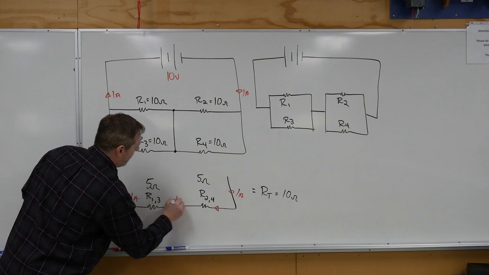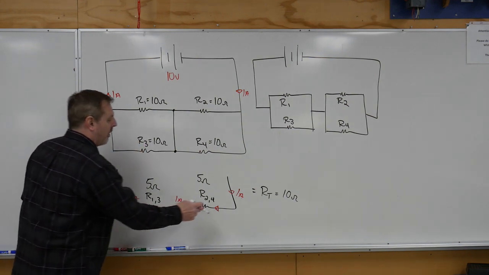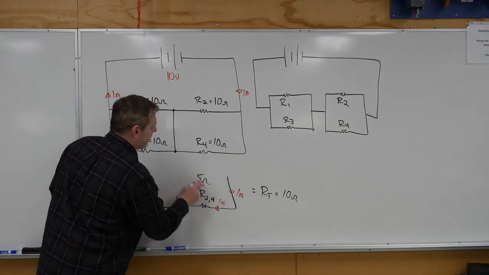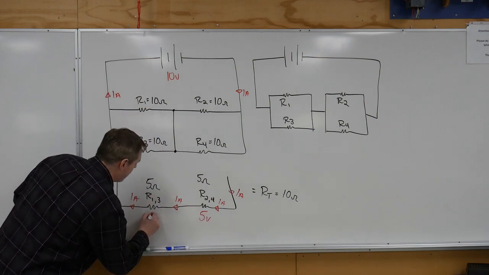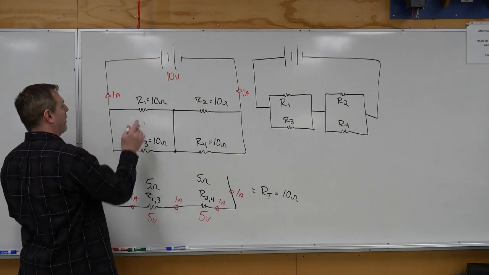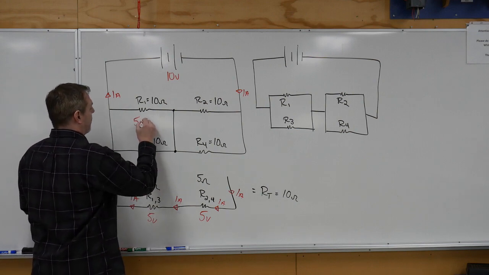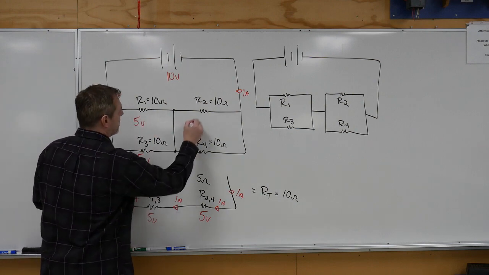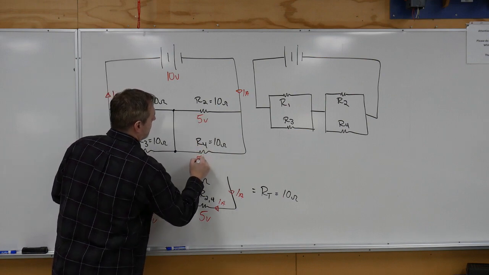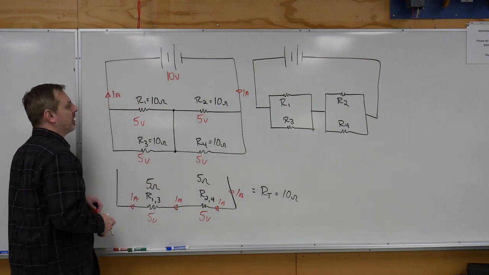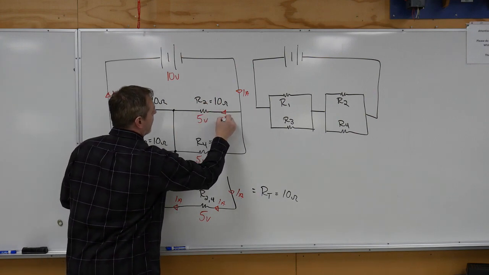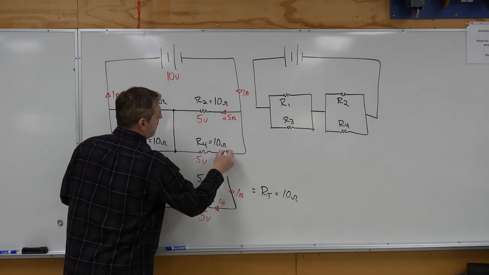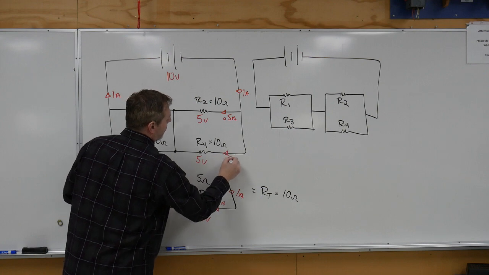Now, how it disperses within here, we can solve for our voltage drops using our simplified drawing down here. So this is all 1 amp. We've got 1 times 5 giving us 5 volts, 1 times 5 giving us 5 volts. We can bring that information up here. We've got 5 volts at each of these. And then we can solve for our current: 5 divided by 10, giving us 0.5 amps, 5 divided by 10, giving us 0.5 amps.